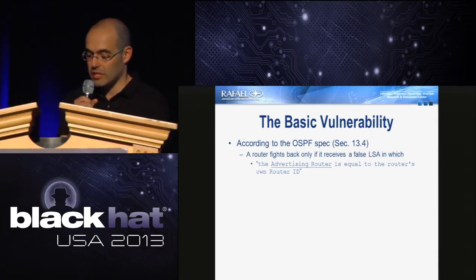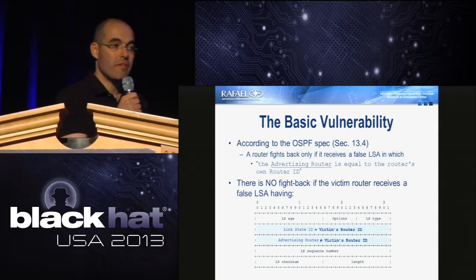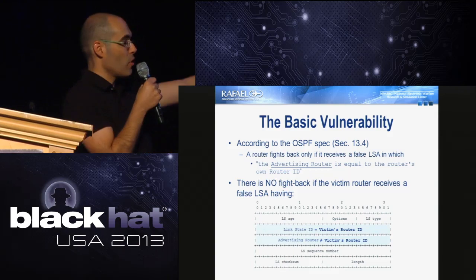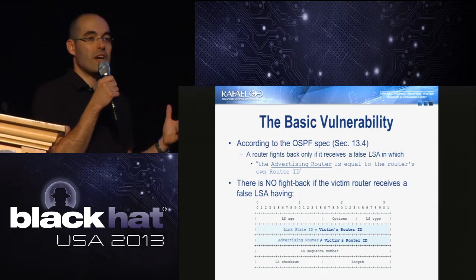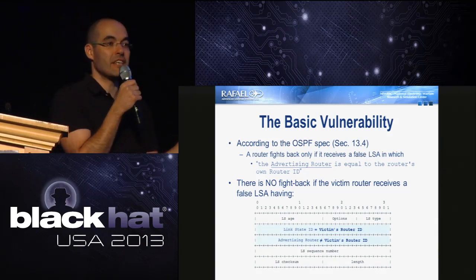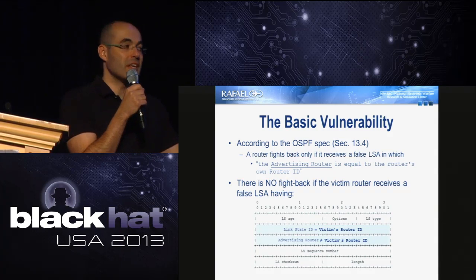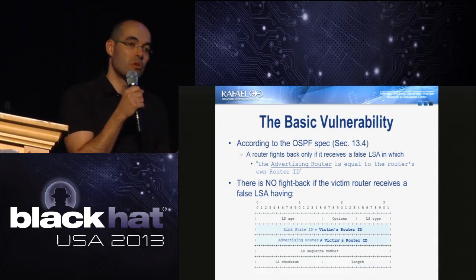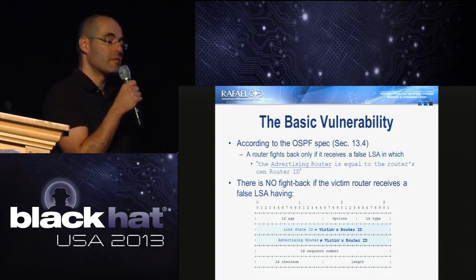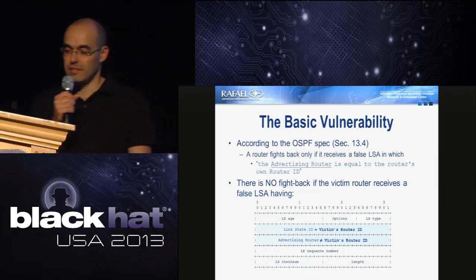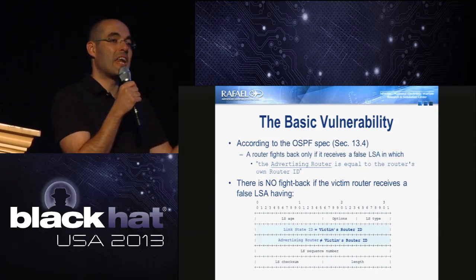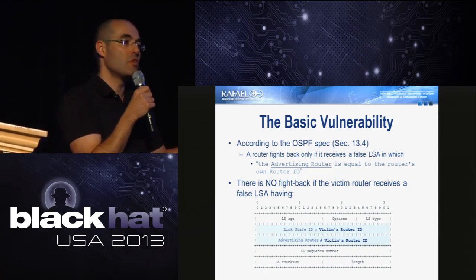This means that if an attacker sends out a false LSA with the following header, no fightback will be triggered. That is, if the header contains a link state ID that does equal the victim's router ID, but the advertising router does not equal the victim's router ID, then no fightback will be triggered whatsoever. And this is despite the fact that this LSA claims to describe the very links of that victim router. No fightback will be triggered.